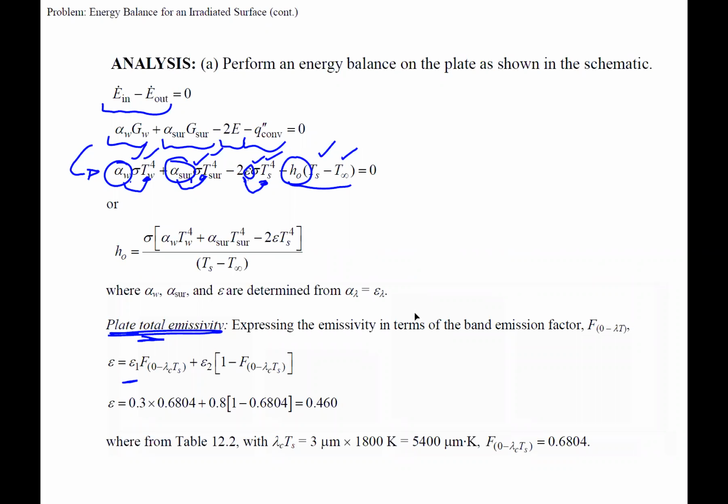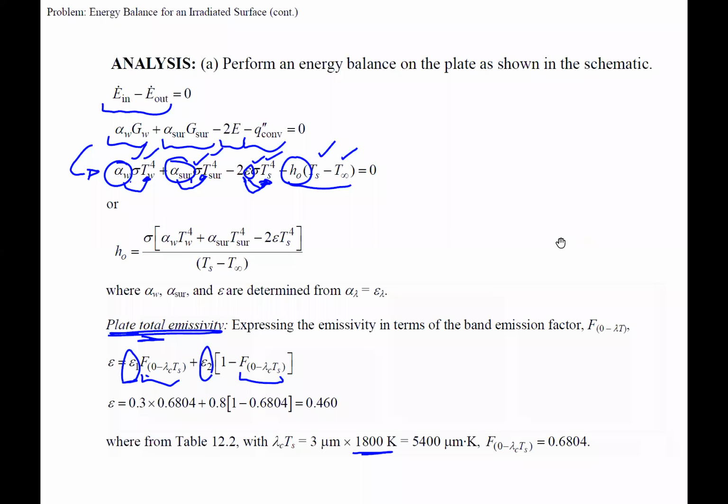All right, so we do that, right? So we have our 0.3, we have our 0.8, we got to get our F factor from our table, okay? And it's the plate, right? So it's the surface temperature of the plate, which is 1800 Kelvin.